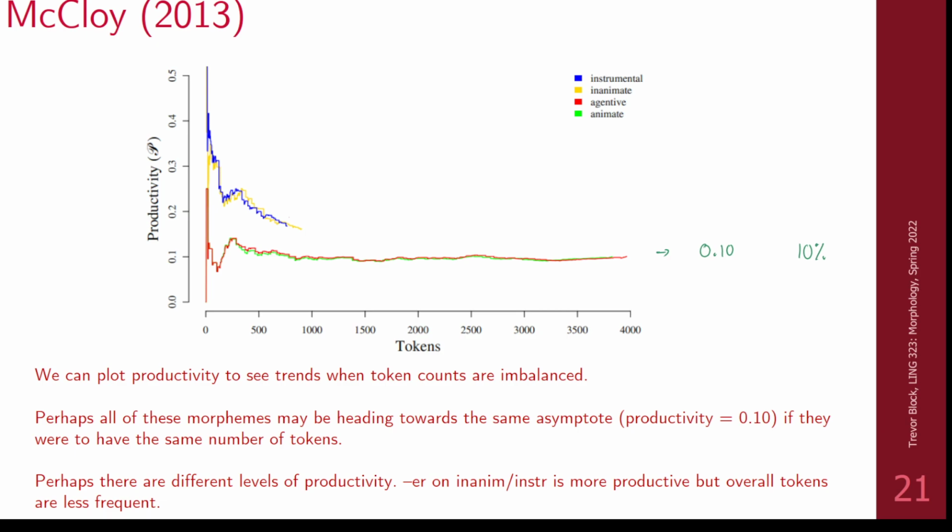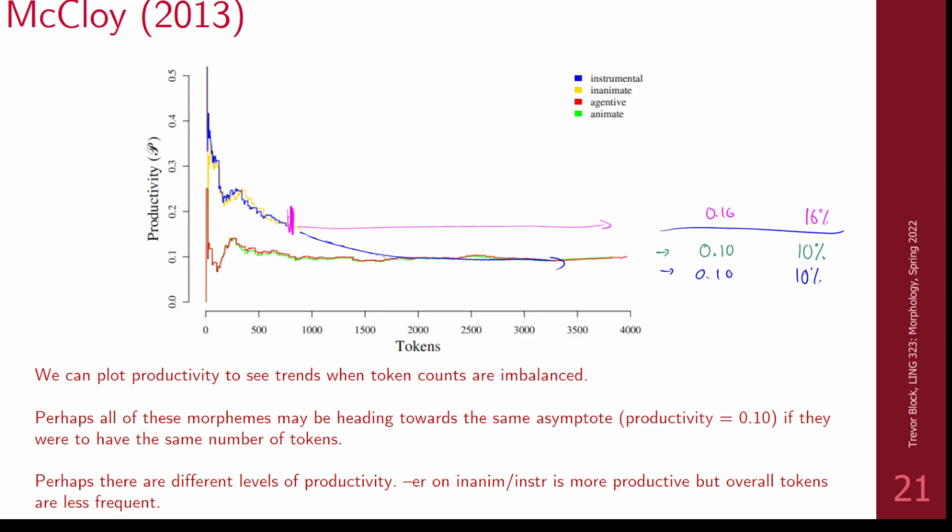So this is where the trend line stopped. Now, we don't know if this continues, if you were to find more and more tokens, if this would end up around 0.16 at 16%, or maybe in the end it would actually converge and we would get something that says, well, actually, if we keep getting more tokens, and if it were as common, the productivity might actually be only 10%, just like the other one.